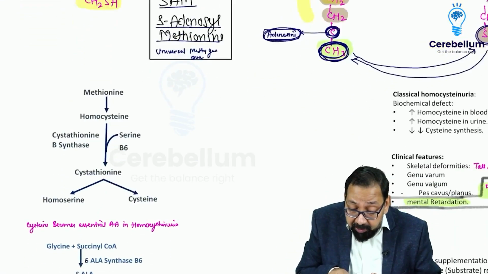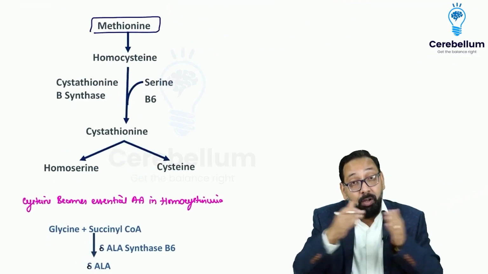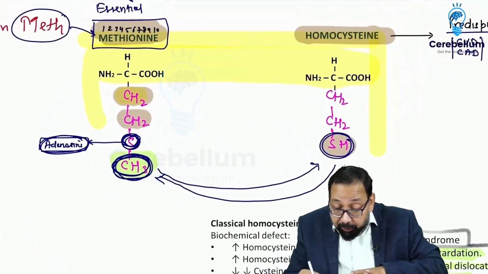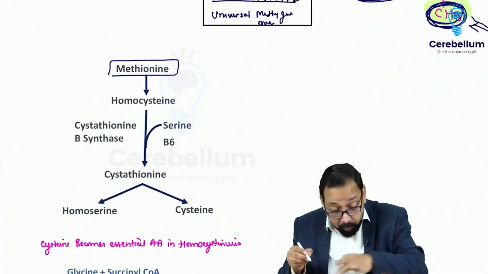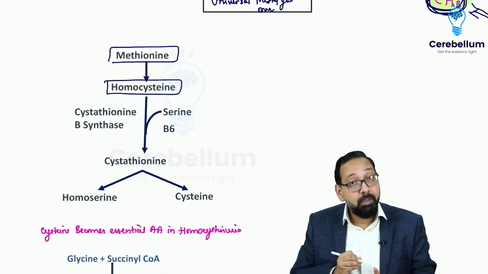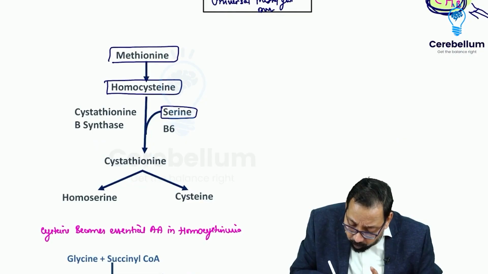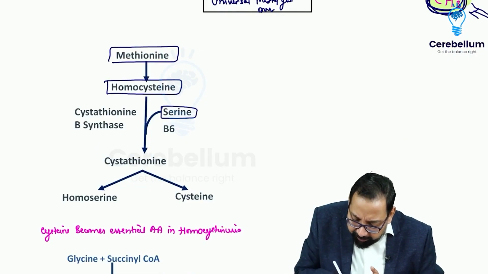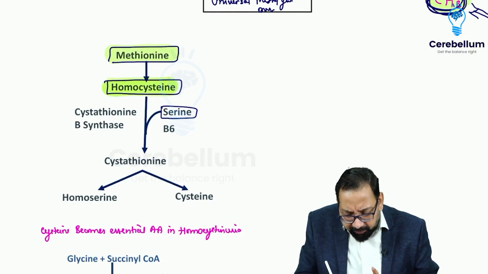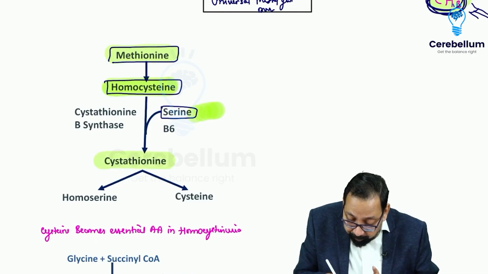Now, we found that in our body, methionine is metabolized. When methionine is metabolized, this methionine methyl group is removed. When the methyl group is removed from methionine, it is converted to homocysteine. This homocysteine reacts with serine. If you don't remember, it's okay. Just have an idea. Methionine is going to homocysteine. Now it interacts with serine to form cystathionine.